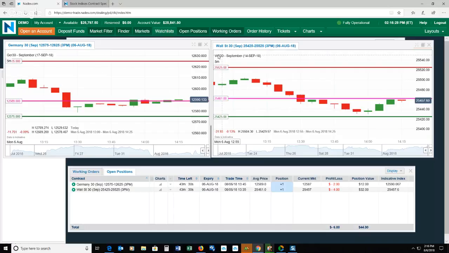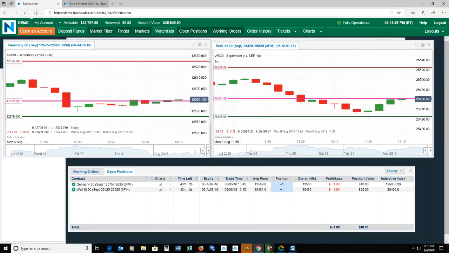These are very different from the binaries because the payout is dependent on where price expires in relationship to the floor, which is at 12,575 on the Germany 30, or the ceiling, which is 12,625.